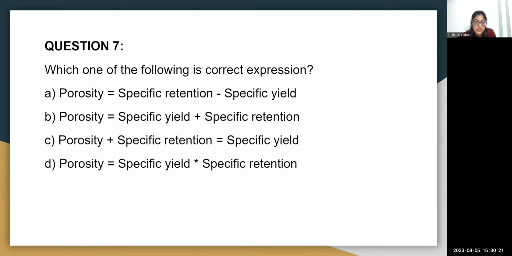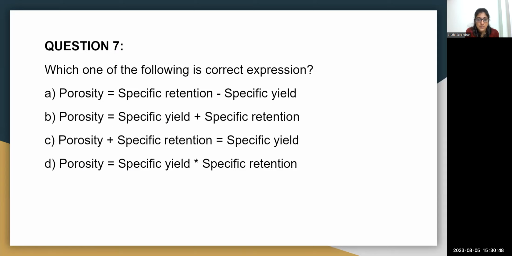So is porosity equal to specific retention minus specific yield, or is it a sum of specific yield and specific retention, or is it specific yield minus specific retention, or is it a product of specific yield and specific retention? You can think about the definitions of specific yield and specific retention.